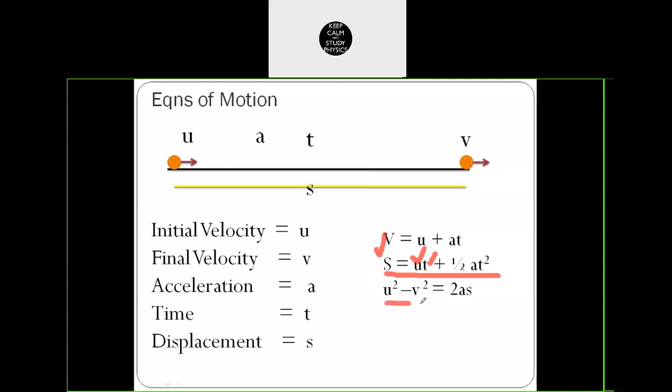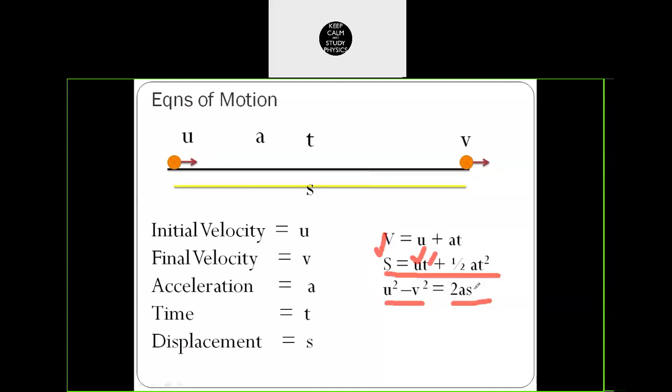Similarly, v square minus u square equals 2as is helpful when we don't have any time quantity. Here you can see the last equation does not contain time. If you want to eliminate time, this equation is useful.